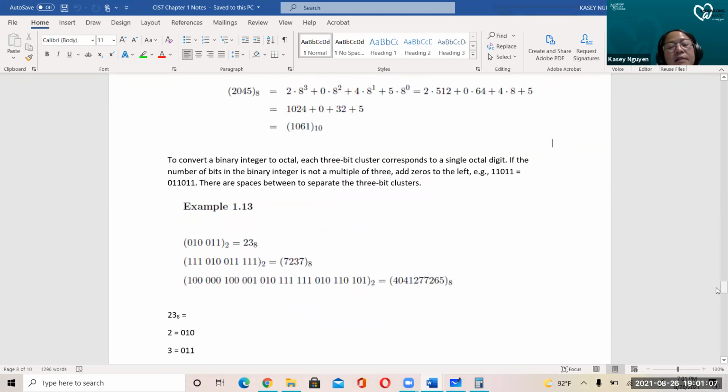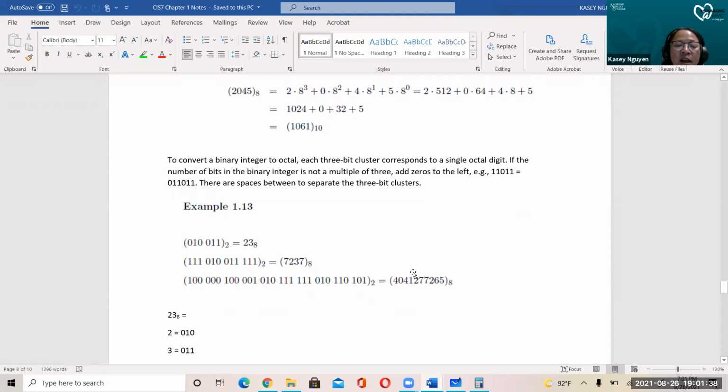So when you look at the 23, you would break it up and represent each digit in 3 bits. 1 0 1 1 would represent the 3, and 0 1 0 would represent the 2. So chunk it up into 3 bits, like how we chunk up the hexadecimal digits into 4 bits.